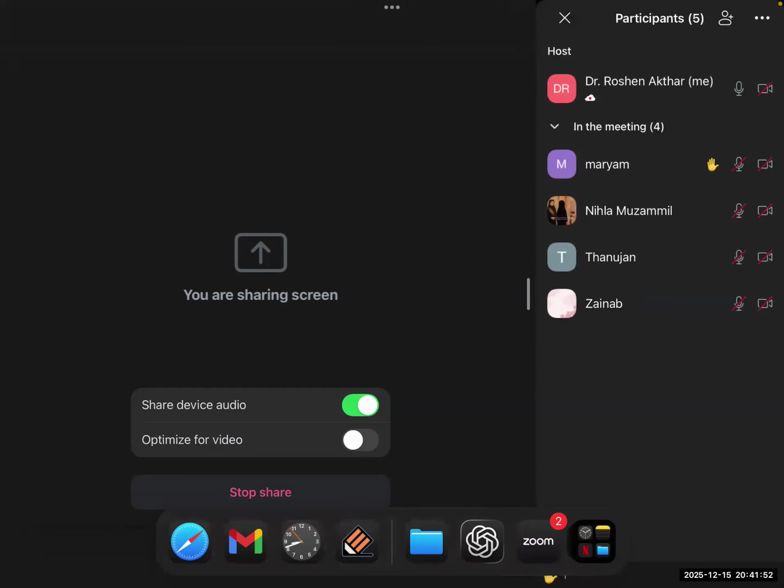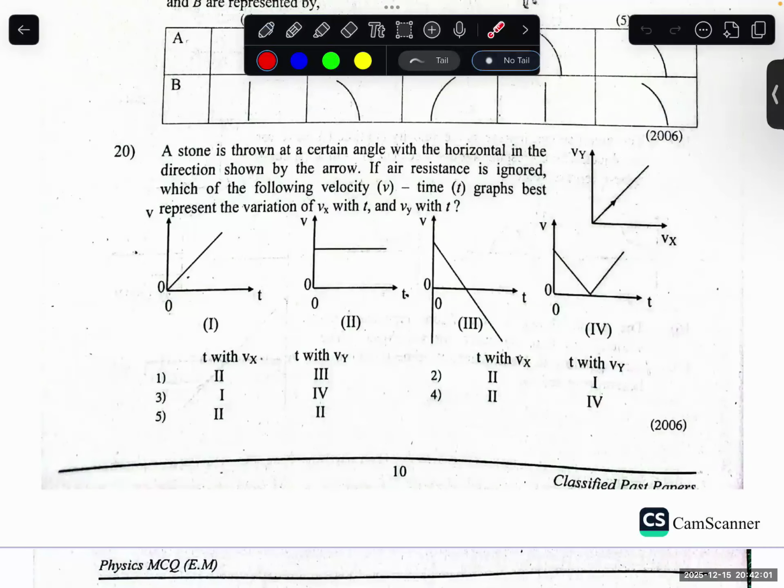Tanujan, you didn't try any MCQs. Yes, sir. You tried. Okay. All right. I think you tried it. All of you tried. I have given some homework, so I'll first discuss those.